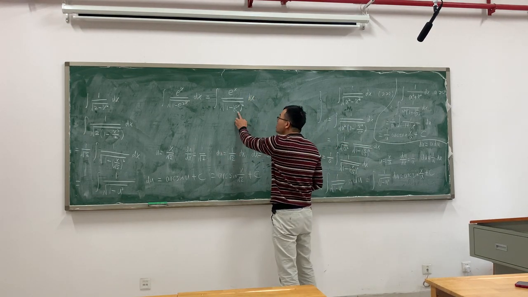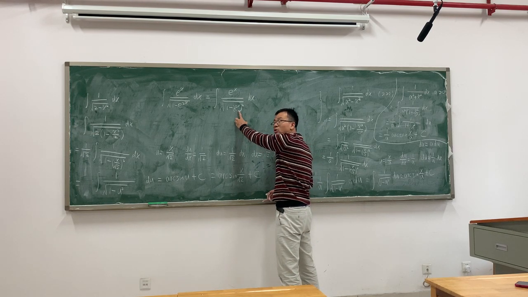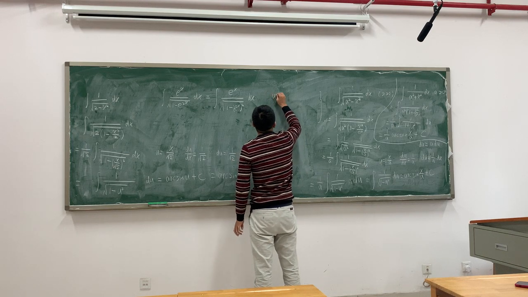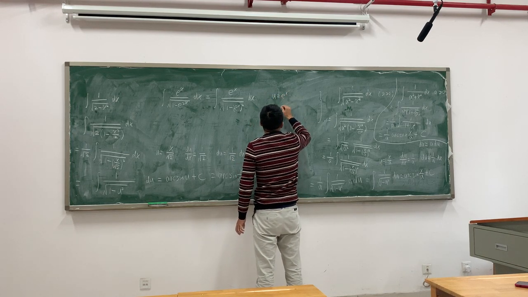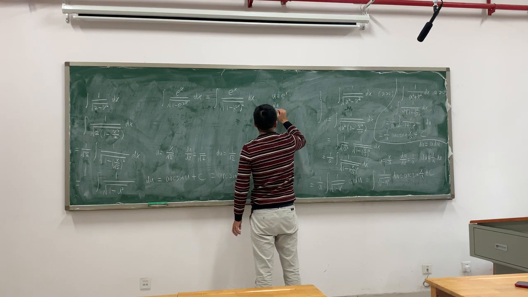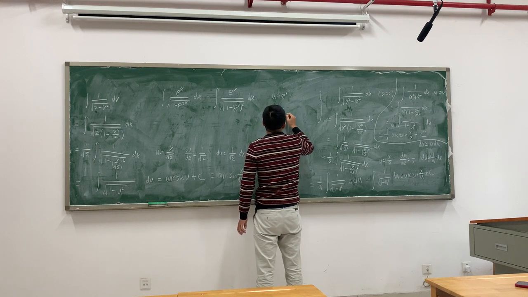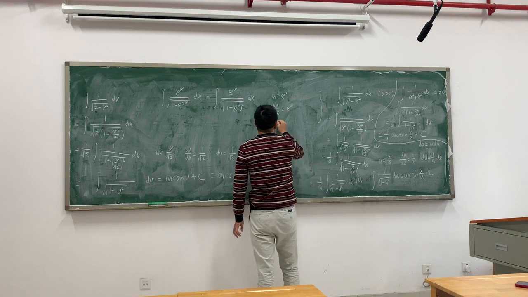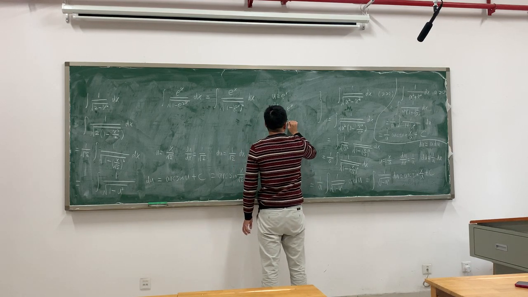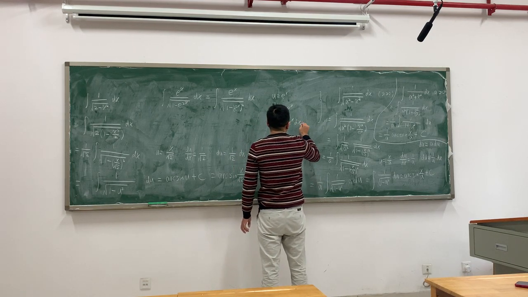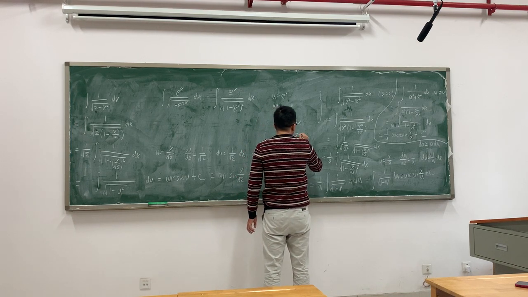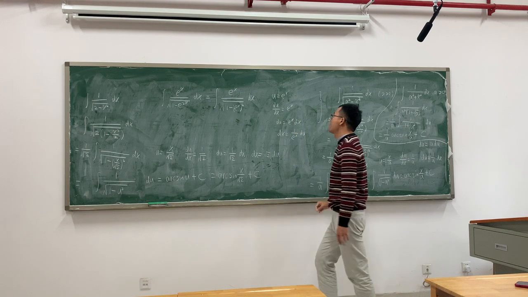We let u equal e^x. So du/dx equals e^x, so du equals e^x dx, or dx equals 1 by e^x du.